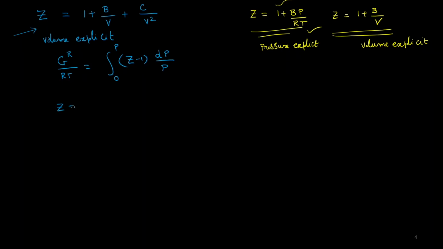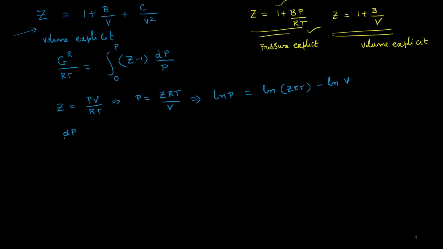Recall that compressibility factor Z is PV over RT, which implies P is ZRT over V. So if I take a logarithm on both sides, log P will be log of ZRT minus log of V. Now I'm going to take a derivative.